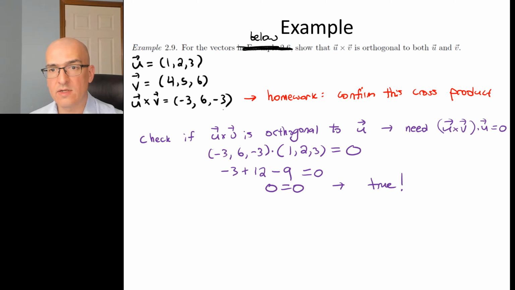All that we've done so far is we've shown that u cross v is orthogonal to u. We're not done yet. We also have to check if it's orthogonal to v.